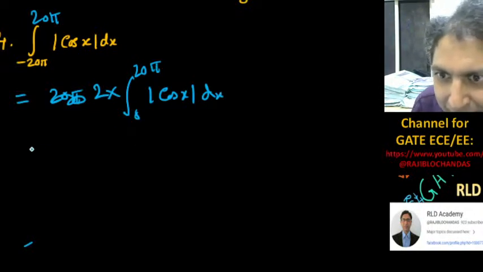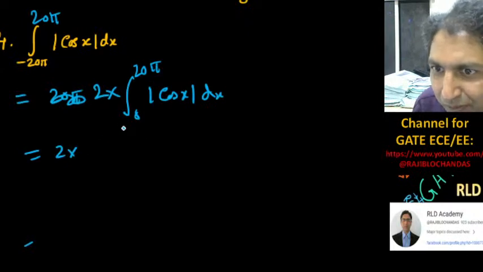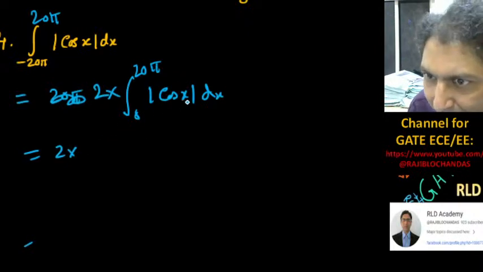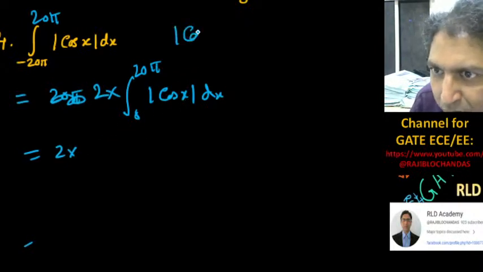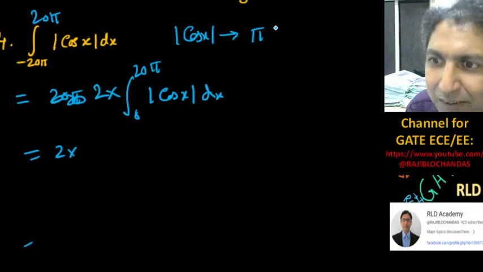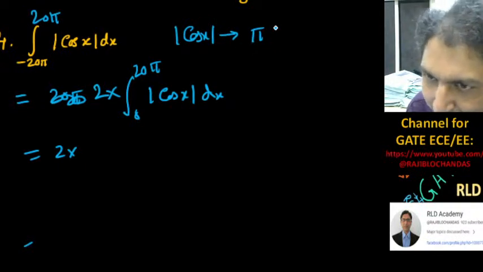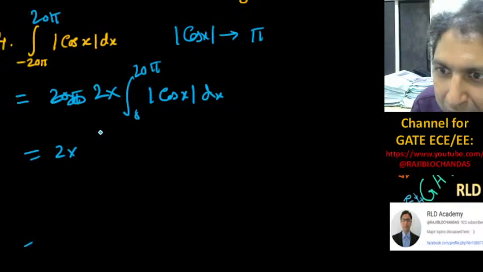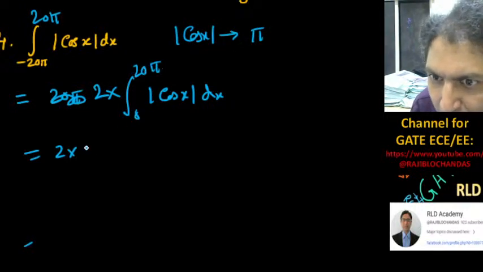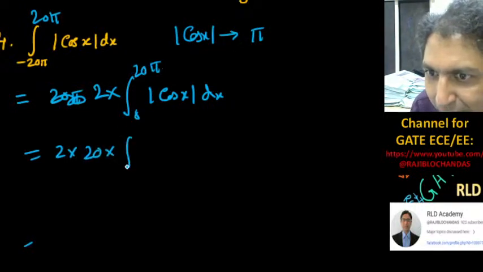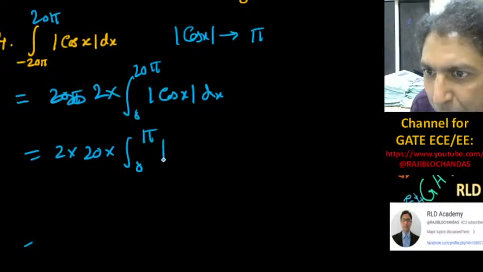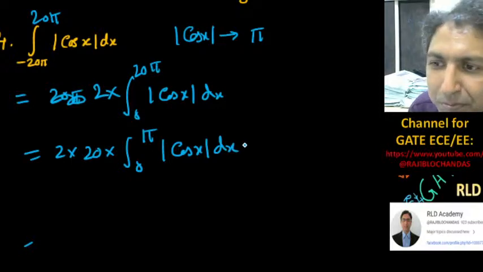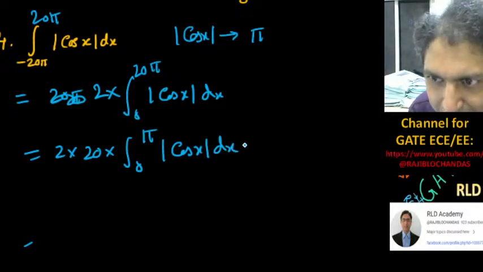Now again, this one I can write 2 into, so as mod cos x is a periodic function and its periodicity is pi, the pi is a period that we have shown. So it is 20 times pi, so that 20 I can take outside. It is the integral from 0 to pi of mod cos x dx, right?